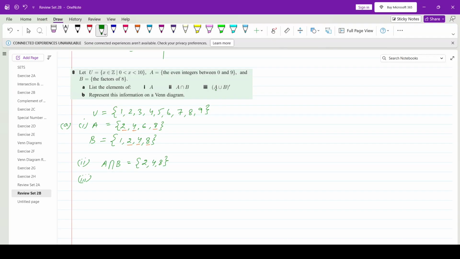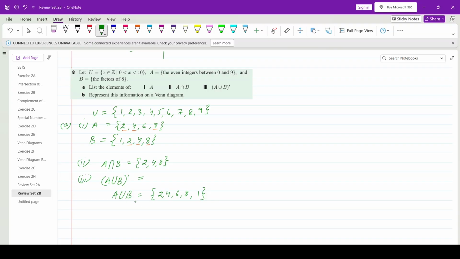The complement of A union B. Therefore, first we need to find out the elements of A union B. Therefore, A union B is going to be 2, 4, 6, 8, 1, and that's it.